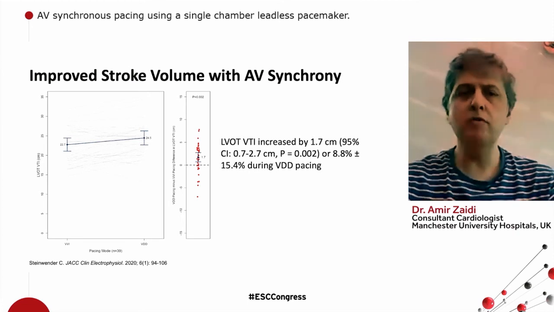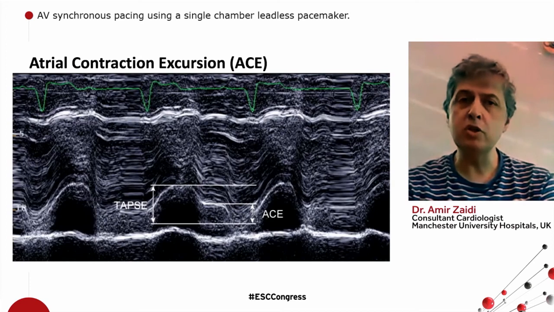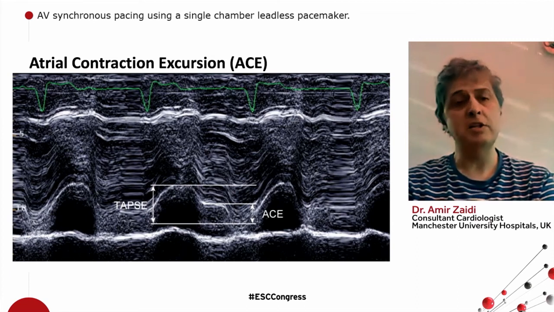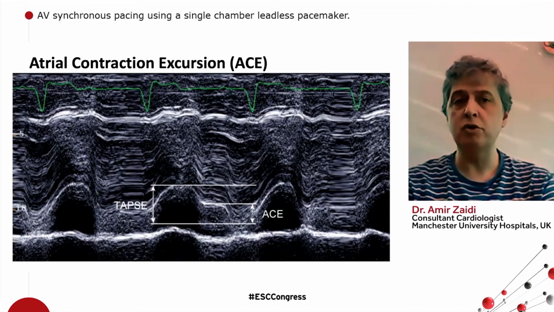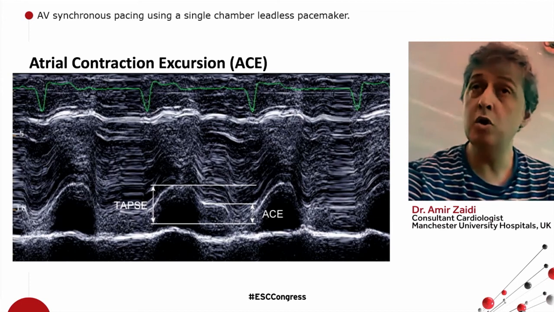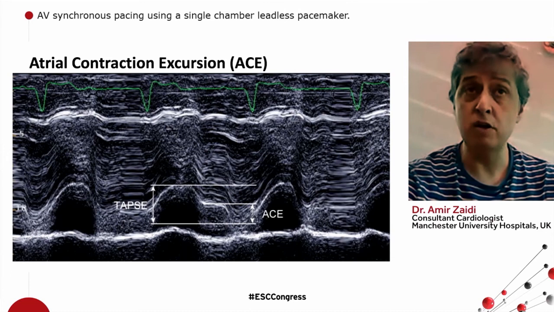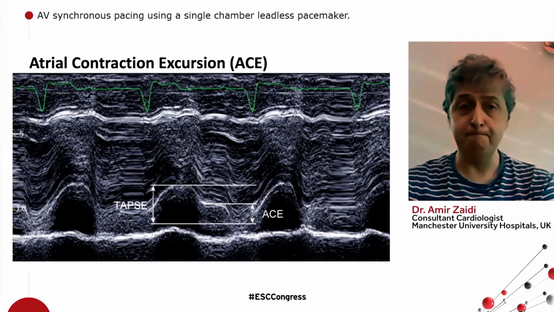And one of the most helpful things was that the echo parameters, which we are used to measuring, the E wave and the A wave, and simple measures like atrial contraction excursion, were predictable in terms of the size of the signals that we needed.